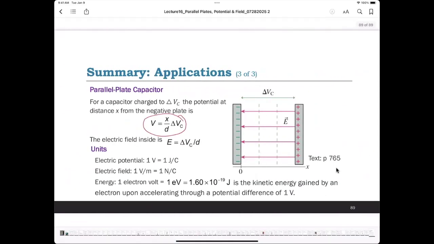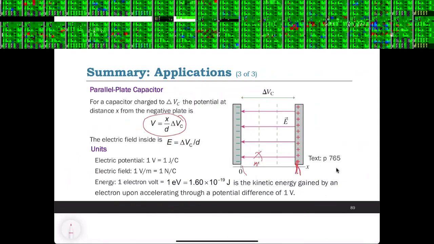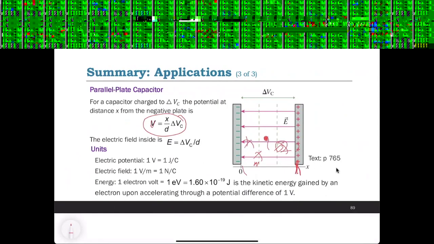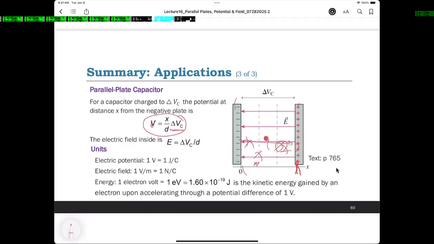Here d is the total distance, and x is some place in between the capacitor. For example, here is x, and this is d, and this is the potential difference from the negative to the positive plate.